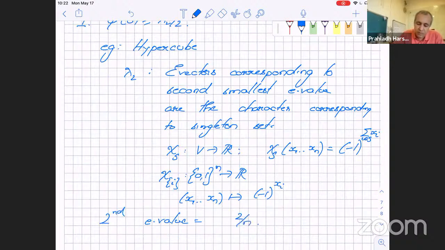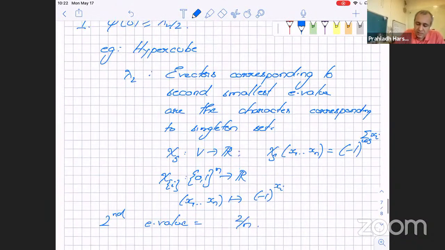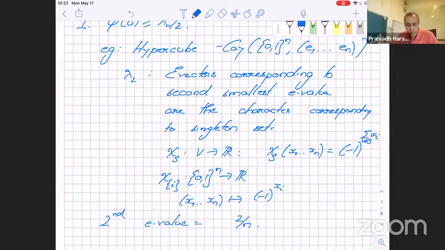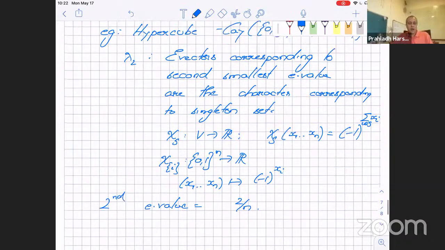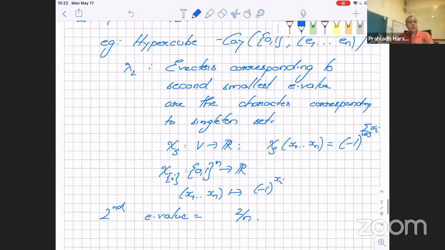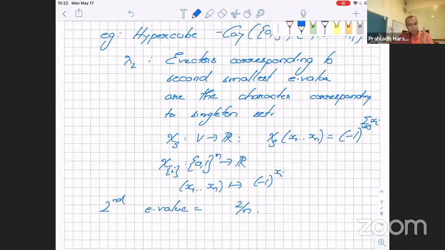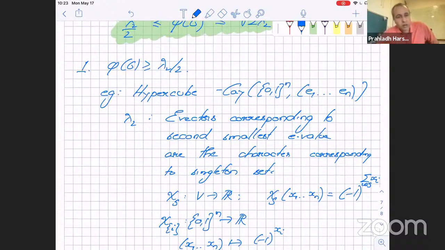This is for the Boolean hypercube, the Cayley graph corresponding to 0,1 to the n with the generators being e1, e2, ..., en. So lambda 2 is 2 by n. And what are the really tiny cuts in this graph?